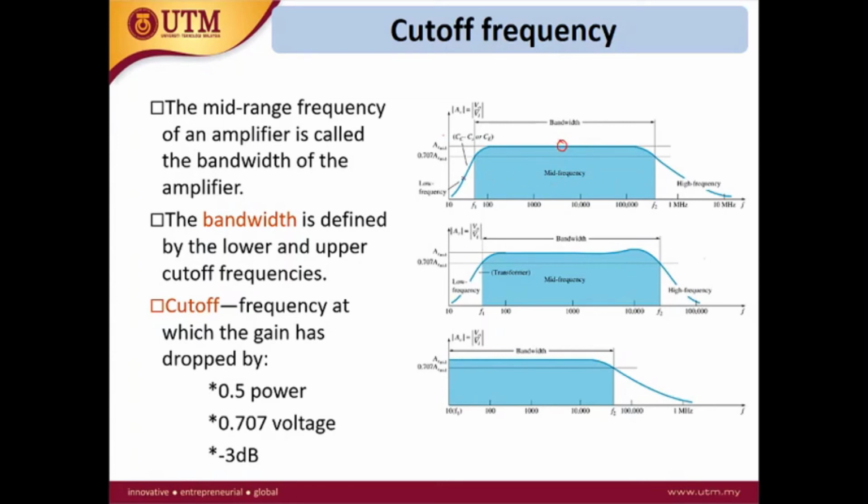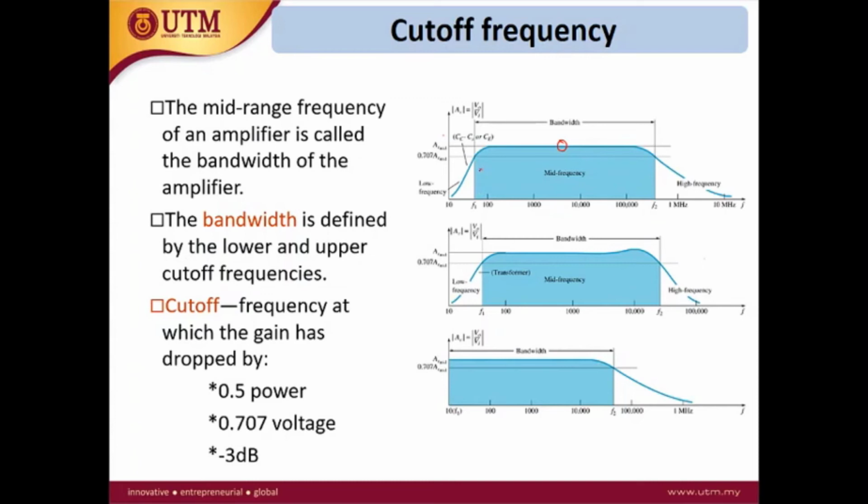The mid-range frequency of the amplifier is called the bandwidth. Bandwidth is defined by the lower and upper cutoff frequency. So the bandwidth is the frequency range where the amplifier can optimally operate as an amplifier.